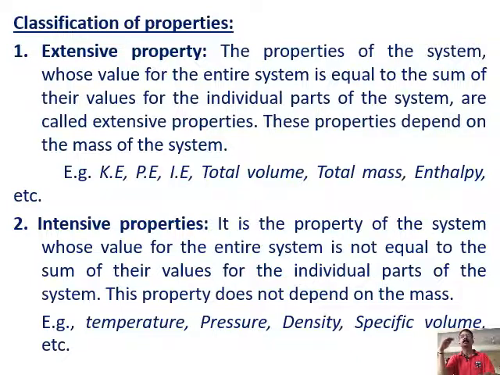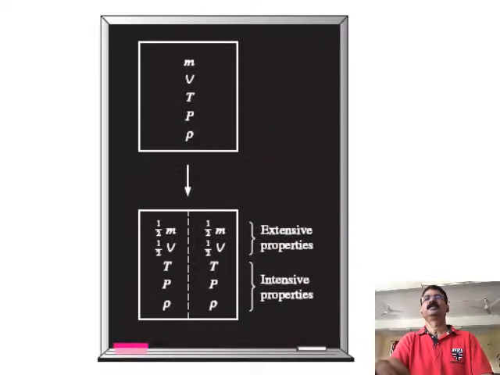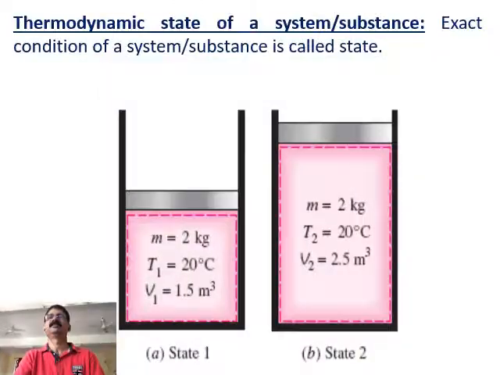Hence at every part of the system its value will be the same, so no need to add up. That is called the intensive property. So this is an example shown: mass, volume, temperature, pressure, density. Extensive properties: mass and volume. Intensive properties: temperature, pressure and density.